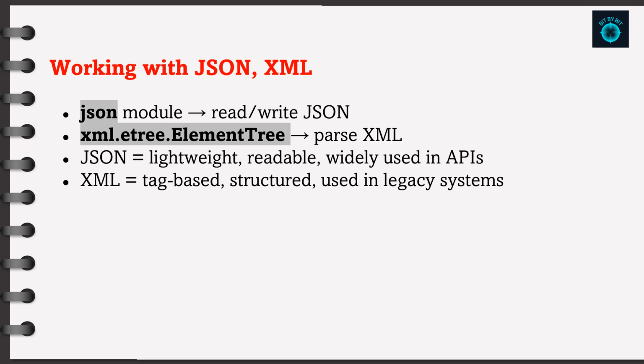For XML, Python provides the ElementTree module under xml.etree, which helps parse and navigate tag-based data. While JSON is more popular today, XML is still found in legacy systems, configuration files, and some APIs. Now let's see how to use both formats in code.